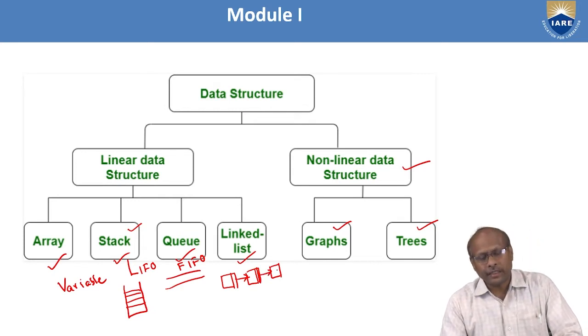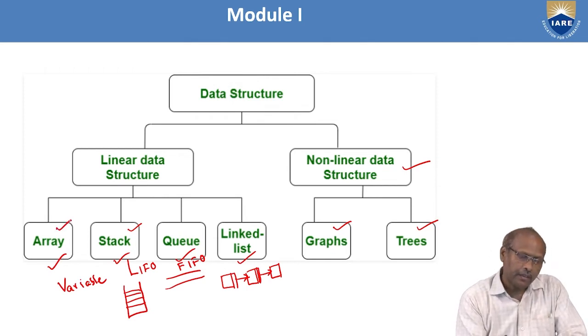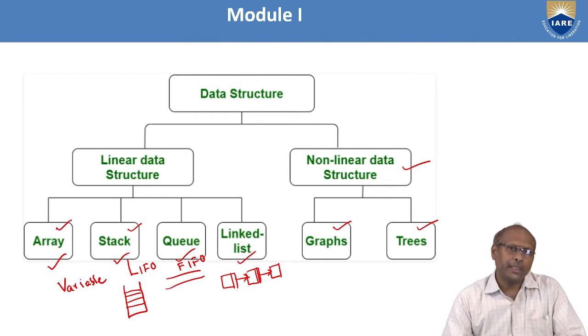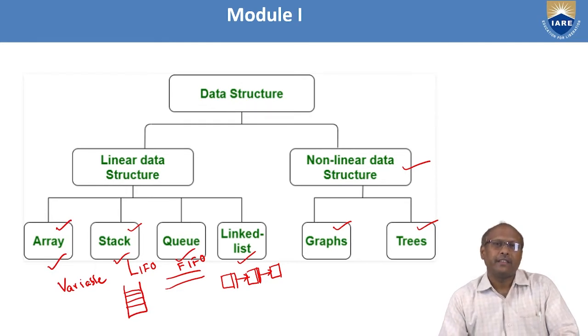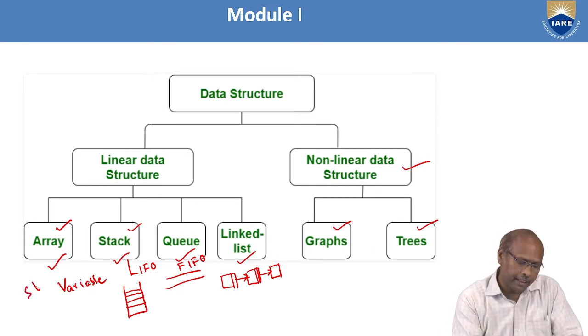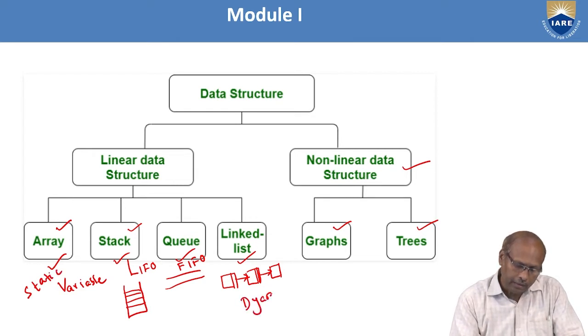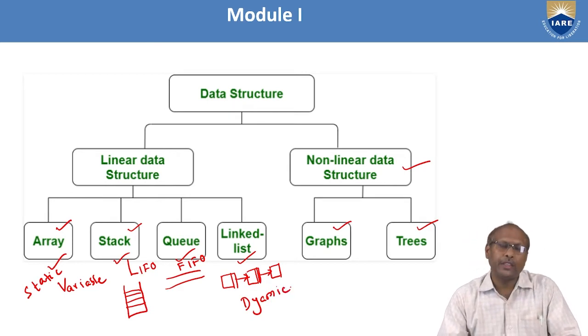Whenever the number of data items is well known before processing, always go for an array. Array is useful for storing data in a fixed manner, that means you cannot change it. The memory allocation will be done before compilation. Arrays are static, whereas linked list is dynamic. You must remember which is static and which is dynamic.